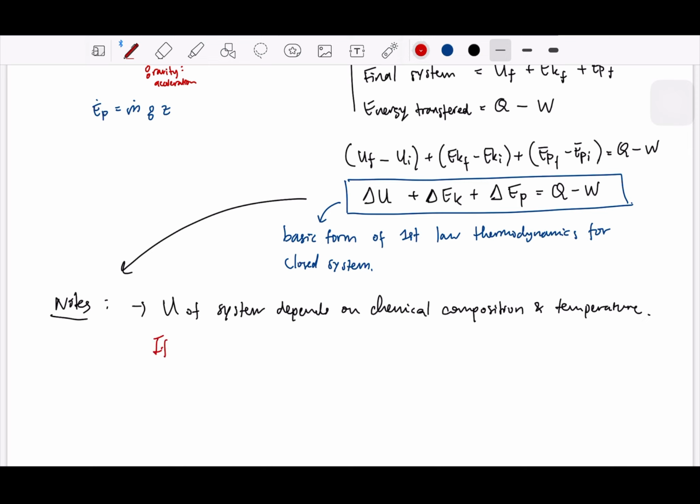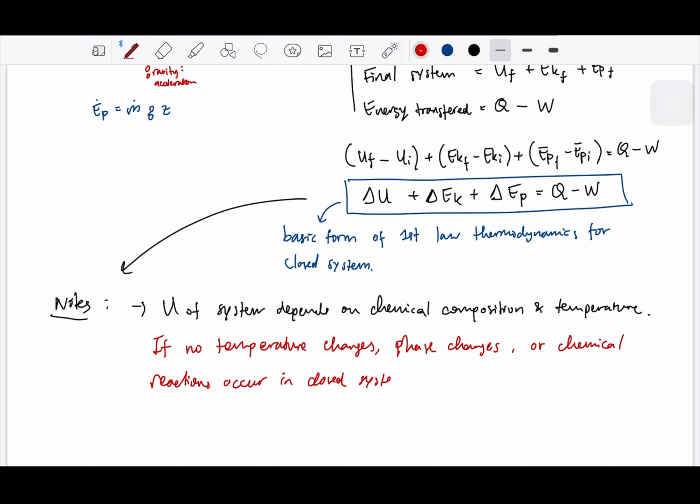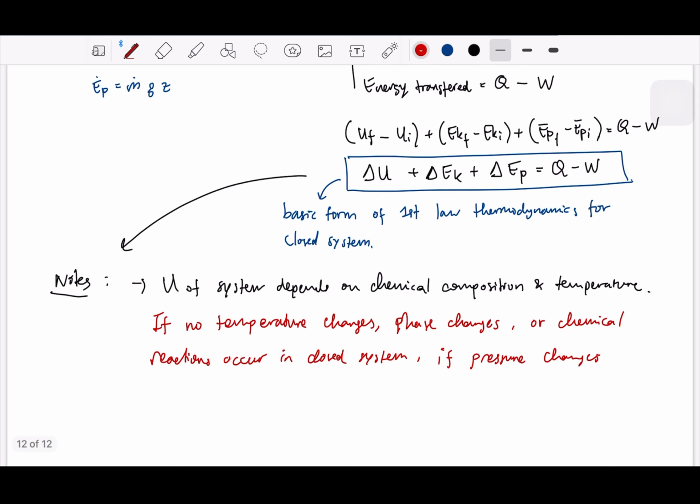So if there is no temperature change or phase change, meaning the chemicals stay as they are, or no chemical reactions occur in the closed system, and if the pressure changes but only a little, a few atmospheres, then the delta U is 0.